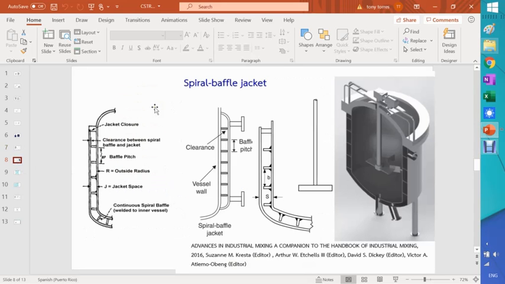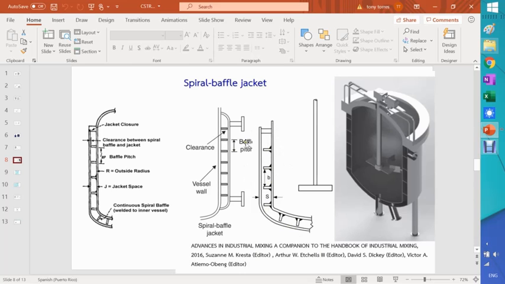Talking about baffles, there's a lot of story about baffles. Baffles could be like this one shown here, which is a spiral baffle jacket, which has these, I would call them fins, kind of soldered to the internal part of the vessel.